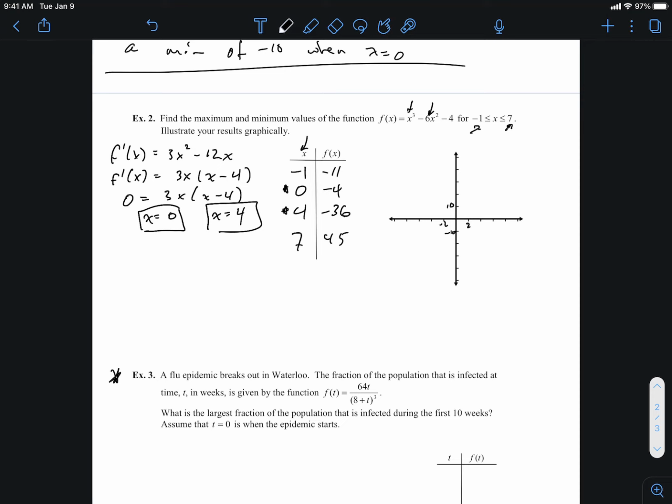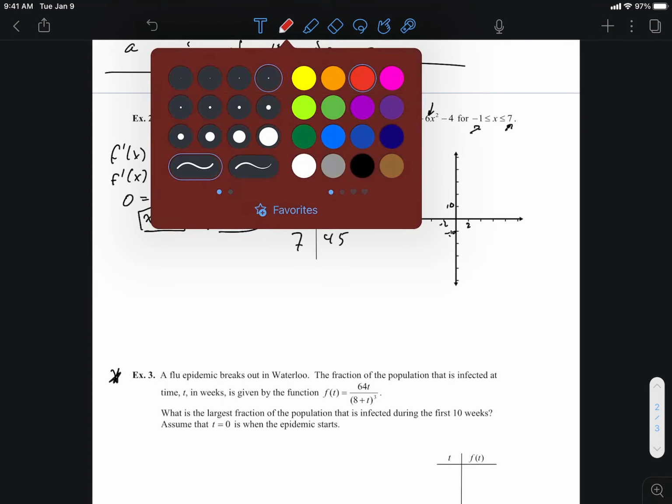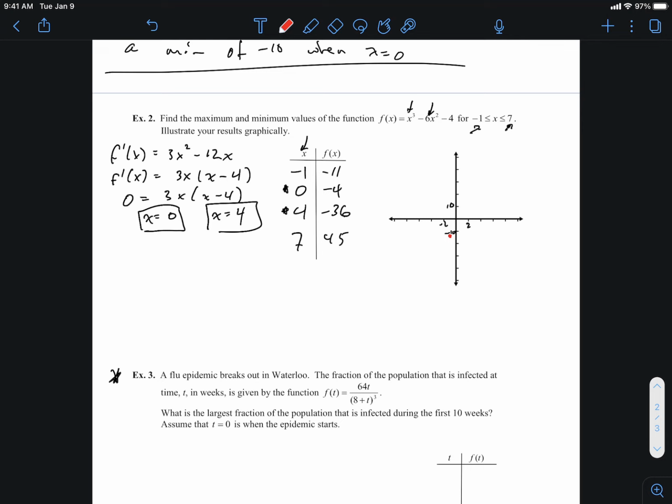So -1 and -11 is going to be here. Maybe I'll do this in different colors just to distinguish it. Then 0, -4 is going to be somewhere in here, and then 4 and -36 might be all the way down here, and then 7 and 45 will be way up here somewhere.